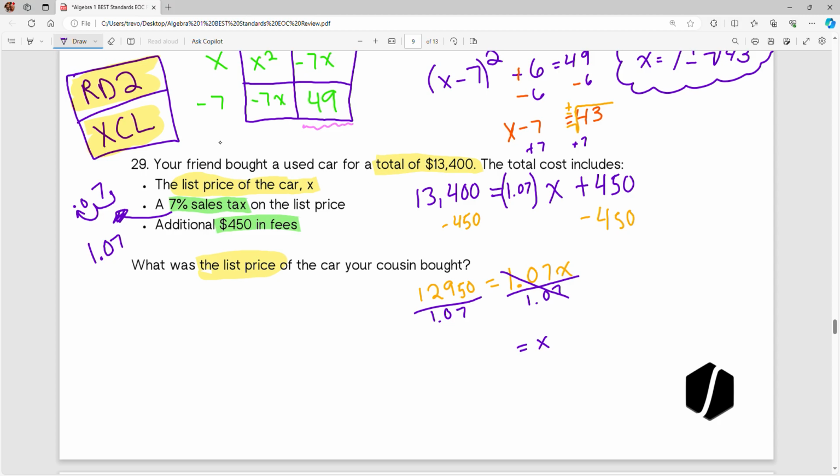When you divide this, you get $12,102.80. And looking at the answer key, this is the correct answer.